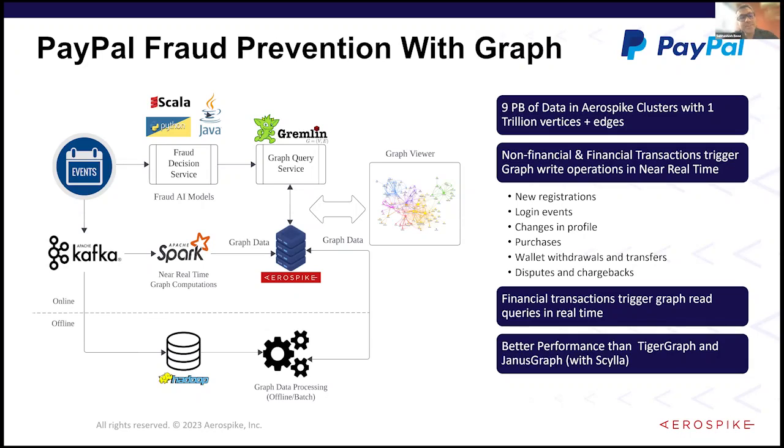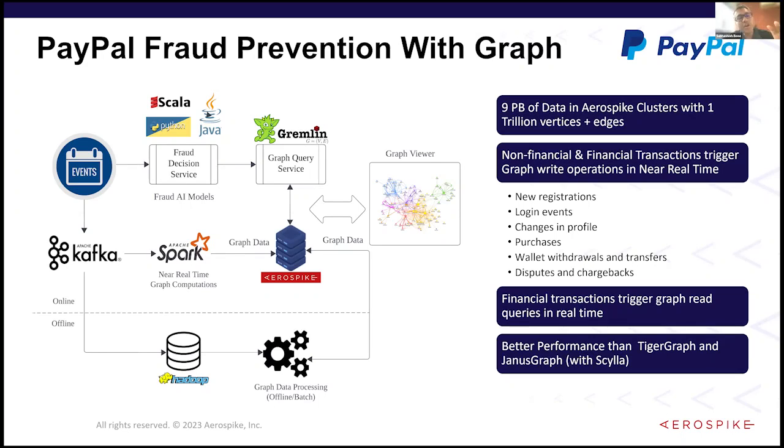So imagine when a person makes an actual financial transaction, makes a purchase on an e-commerce website and so on. That particular financial transaction, if you see the top arrow, is being decisioned by a real-time fraud decision service. These are machine learning models that they have embedded into the ecosystem using popular languages like Python, Scala, and Java.